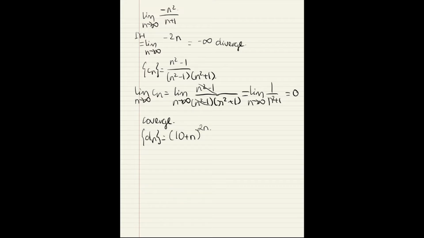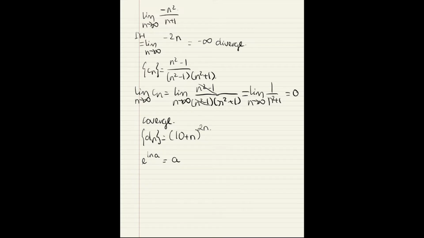Okay, for this kind of sequence, you can see it's really hard to use L'Hopital's rule, but you can use it somehow. What do I mean? You just have to remember the rule: e to the ln of a equals a.